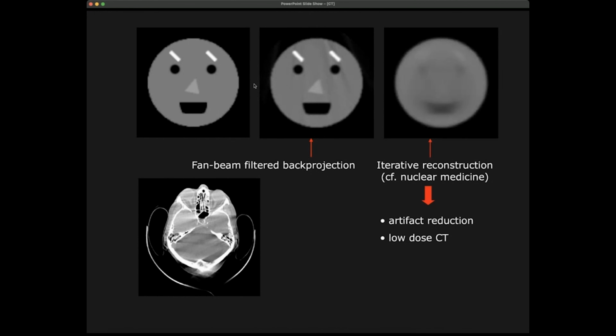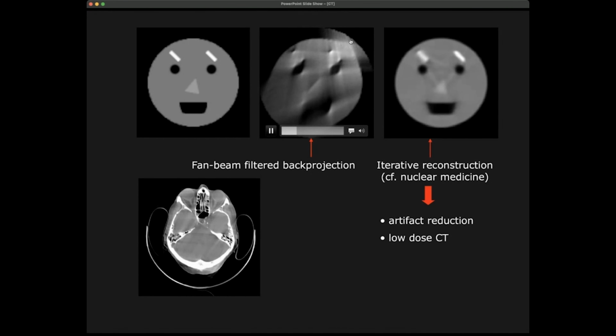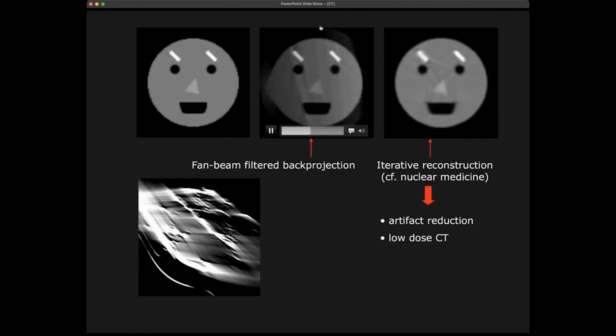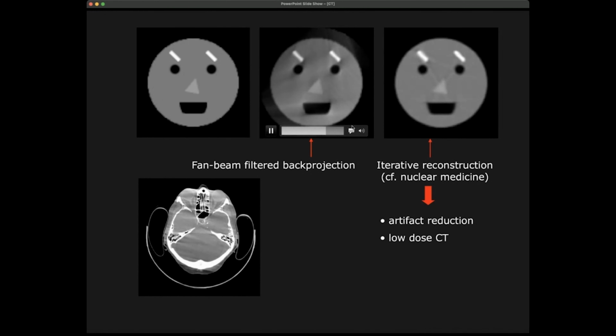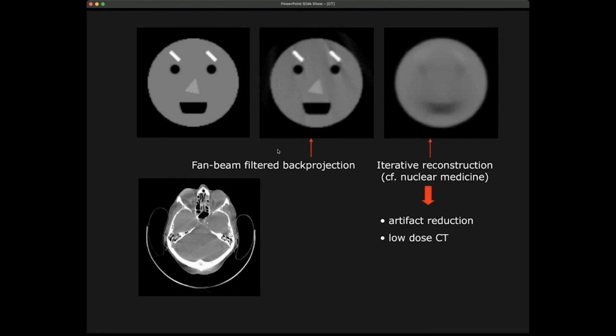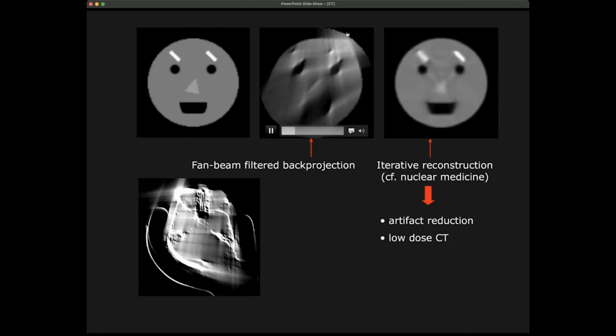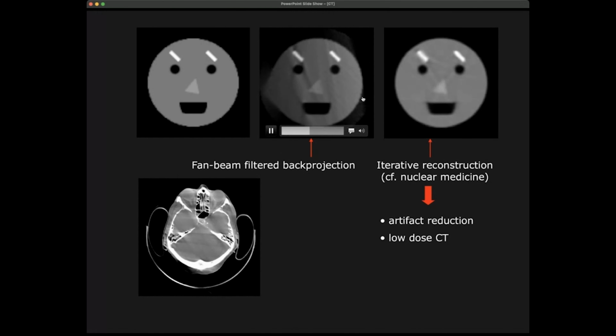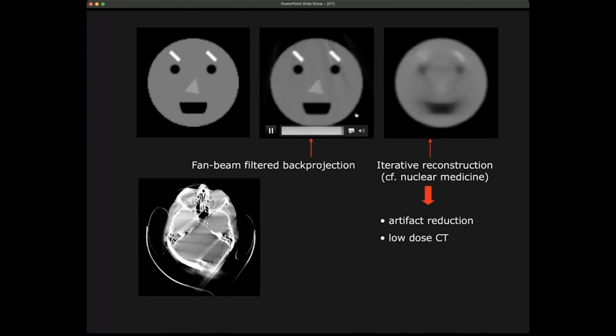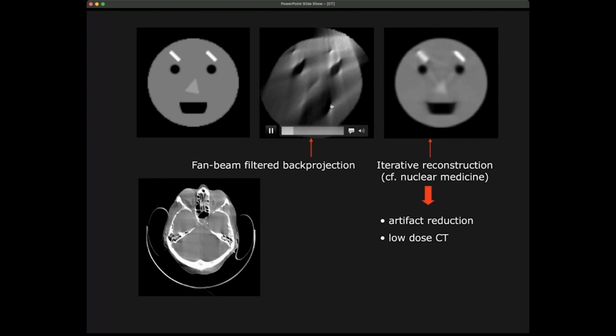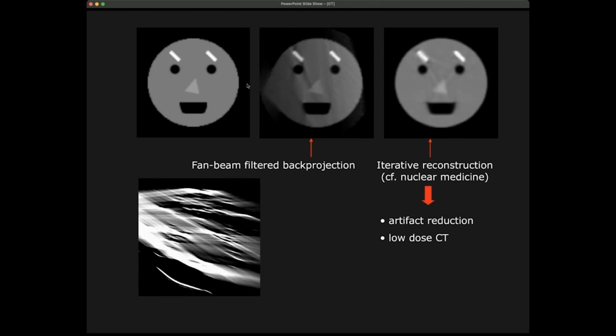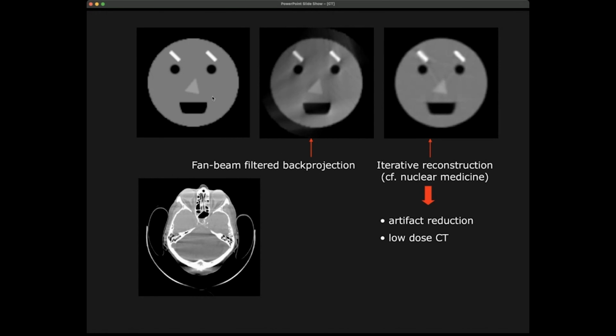And what you see is, if we do back projection, here you see how crucial it is to have projections from all these different angles. The more projections we add to the back projection, in this case the filtered back projection, the closer we will come to the original object.